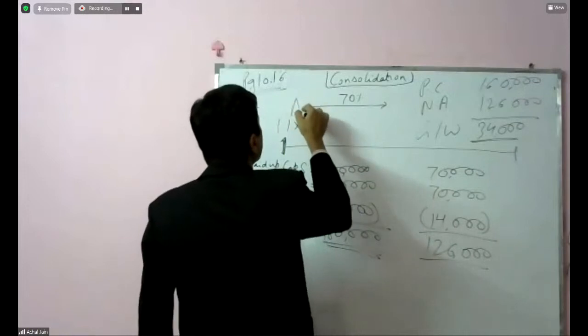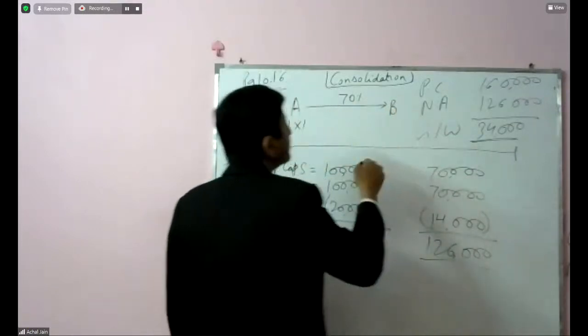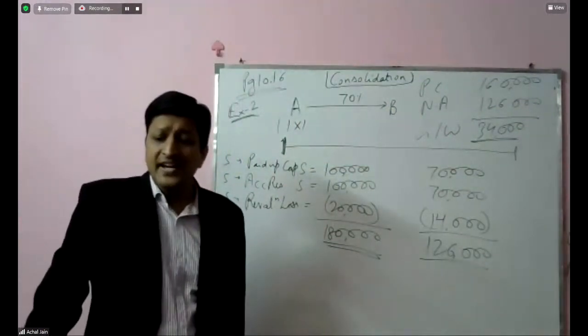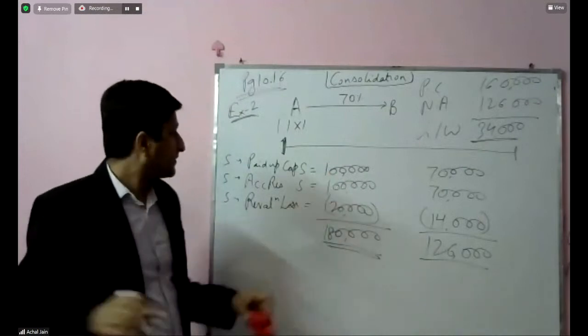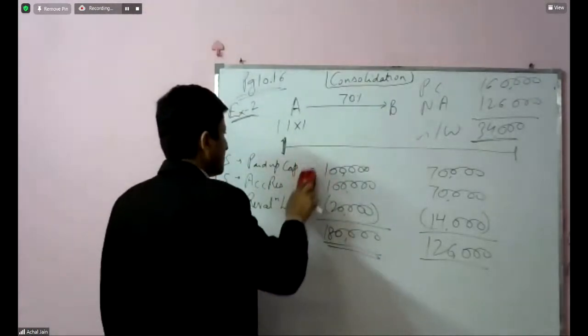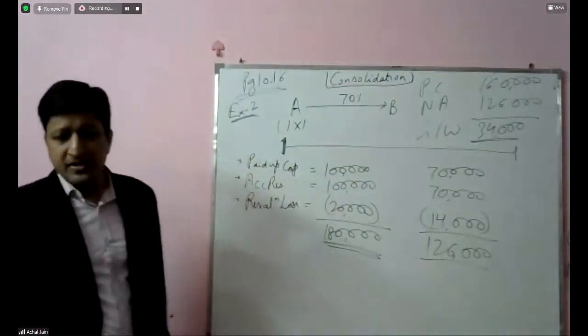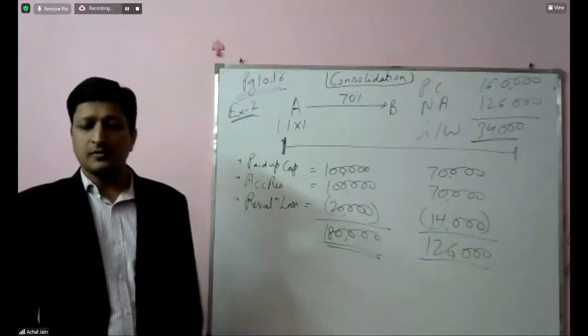On that date, B had a paid up capital of 1 lakh, so this is B. Paid up capital is 1 lakh, and accumulated reserves are also 1 lakh.